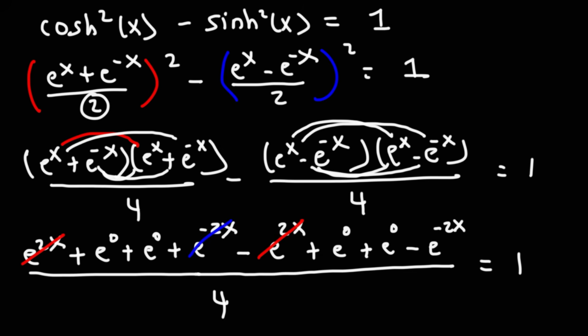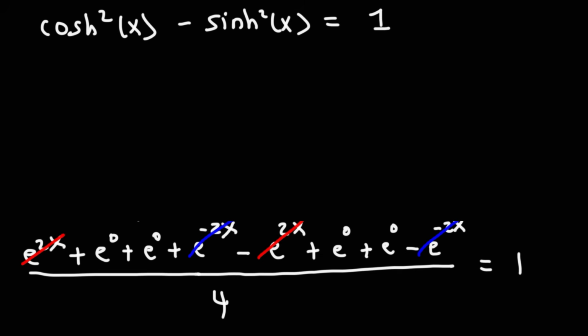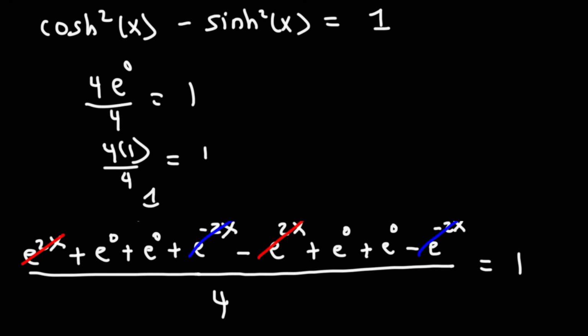Positive e to the negative 2x will cancel with negative e to the negative 2x. And we have 4 e to the zeros. Anything raised to the 0 power is 1. And 4 divided by 4 is 1. So that's how we can verify this particular hyperbolic trig identity.